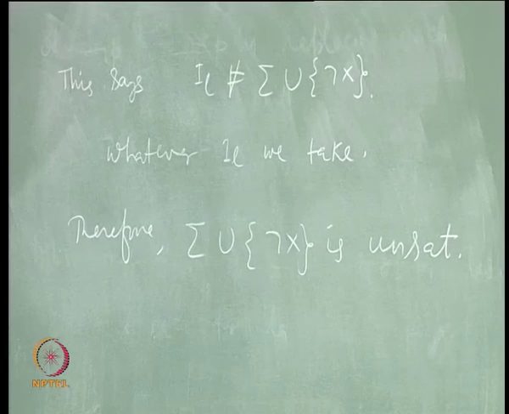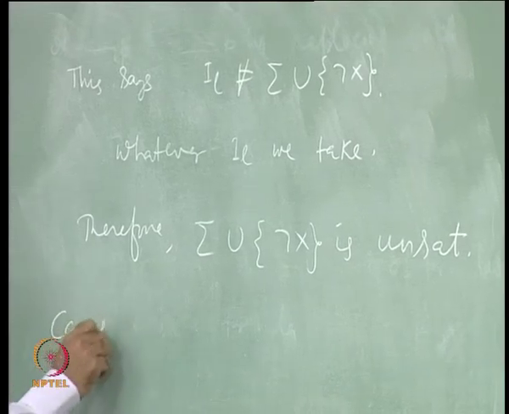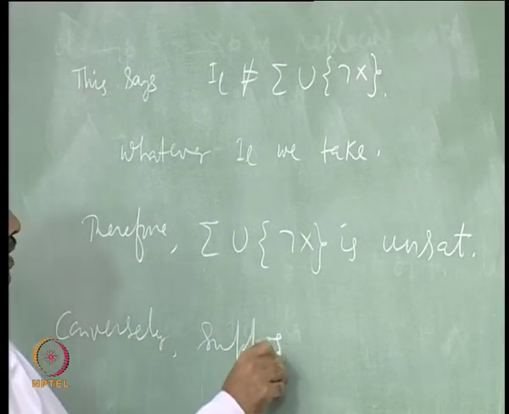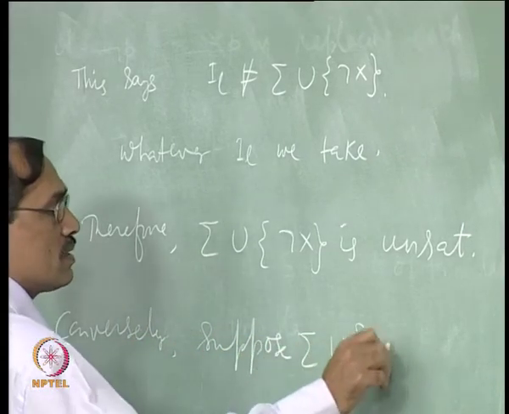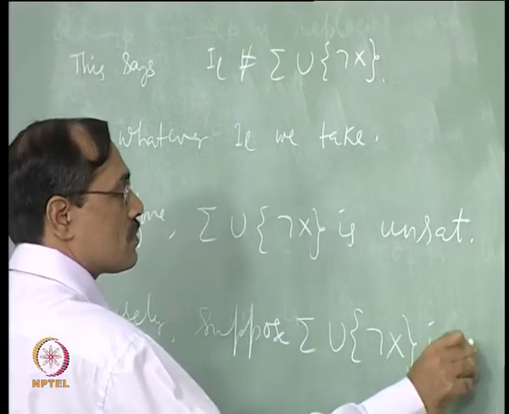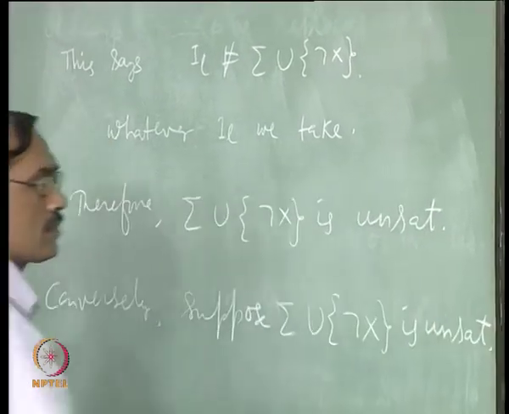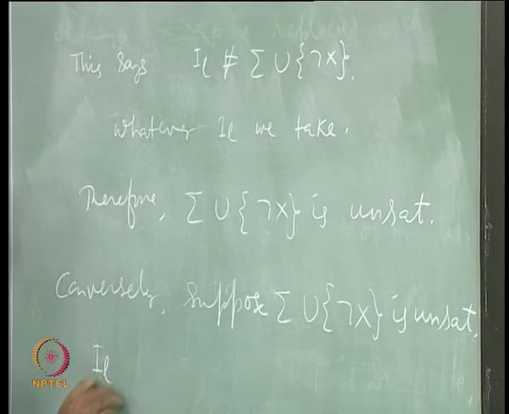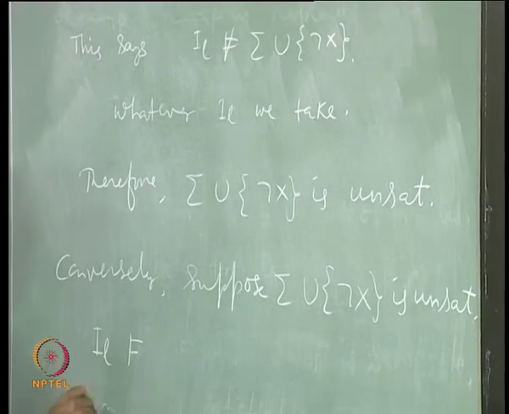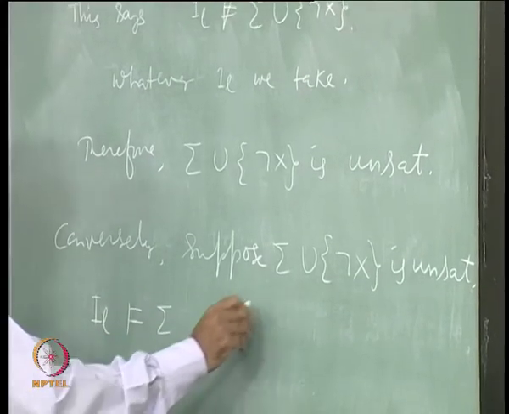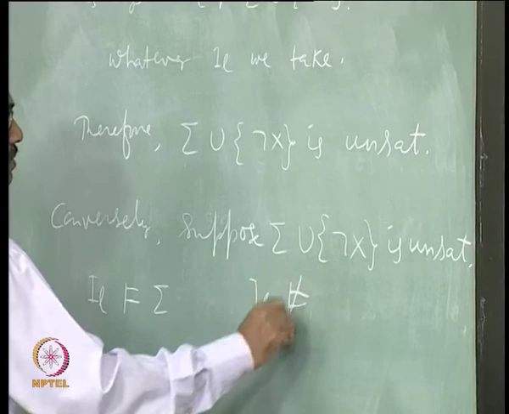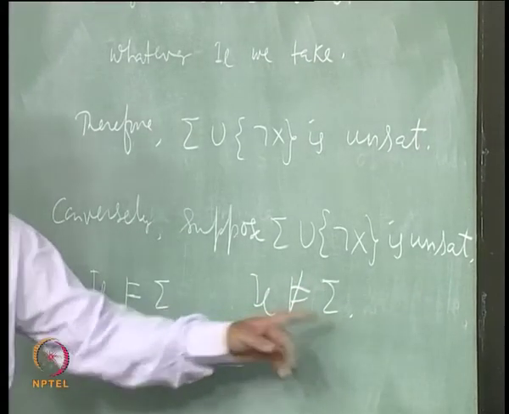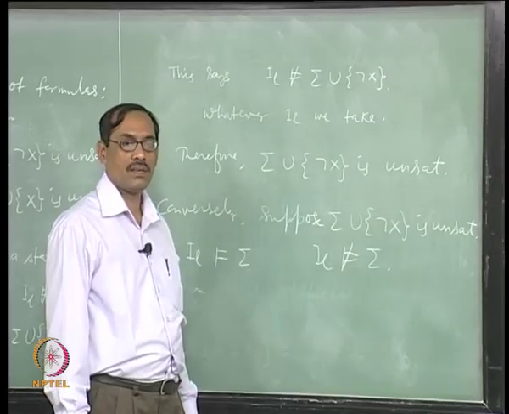Okay. So, conversely what you do? Conversely, suppose sigma union not x is unsatisfiable. So, again there can be two cases, IL satisfies sigma or IL does not satisfy sigma. If IL does not satisfy sigma, then what happens?